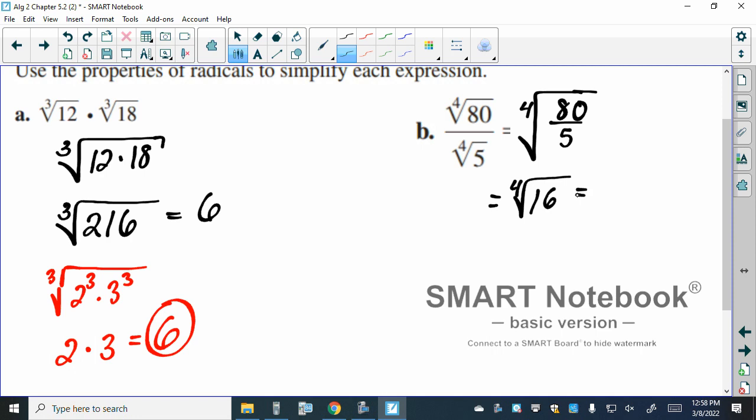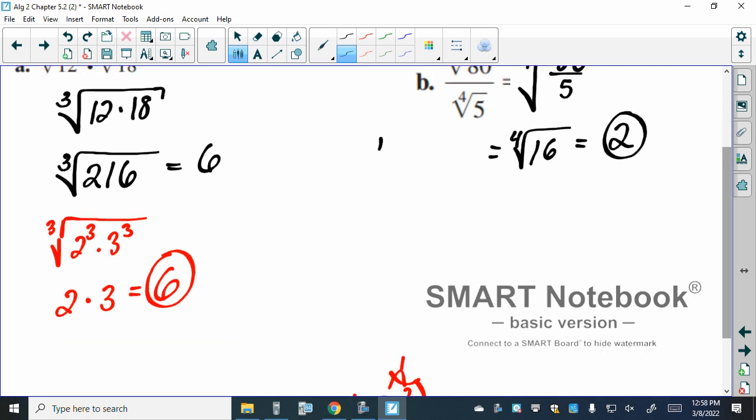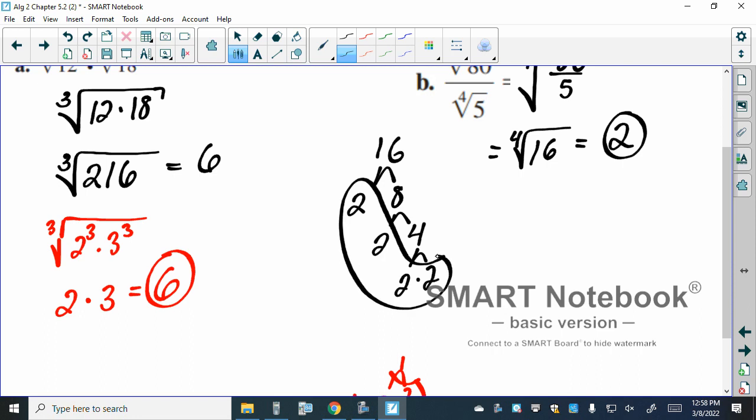And now we can see if we can take the 4th root of 16. If we did a factor tree, we can say 2 times 8, and 8 is 2 times 4, and 4 is 2 times 2, so we would have 4 twos. So this 4th root of 16 is 2.